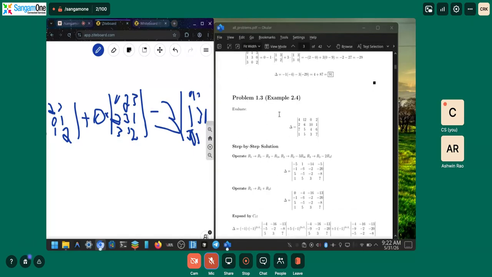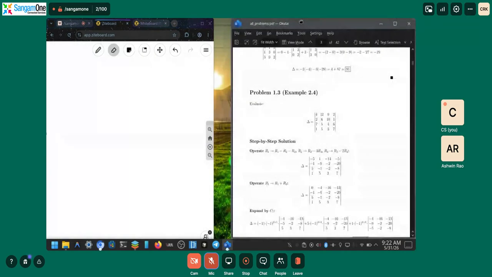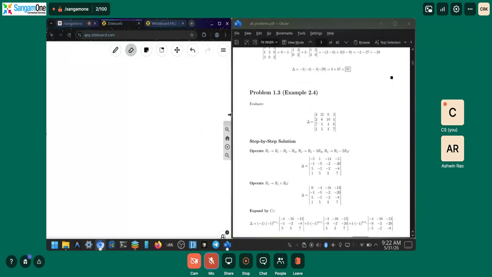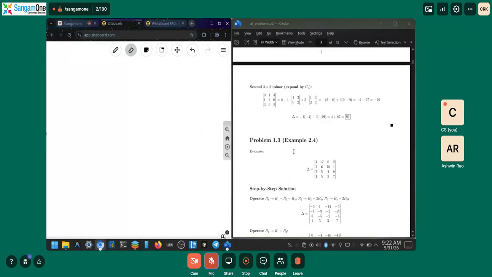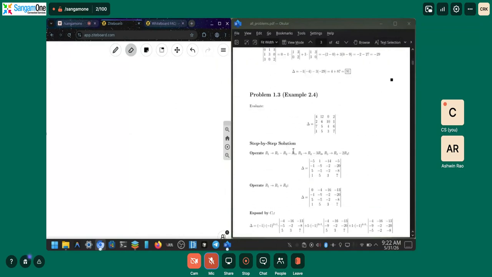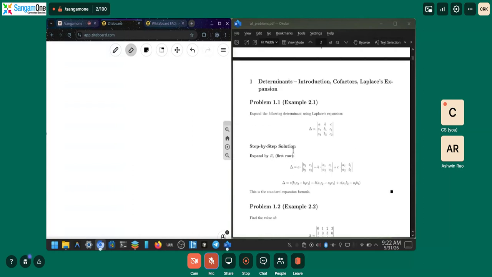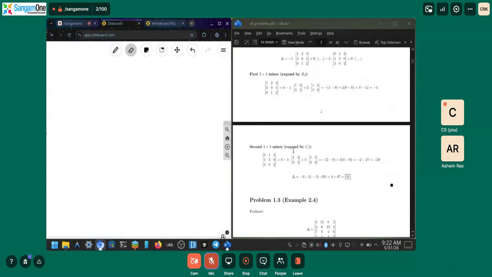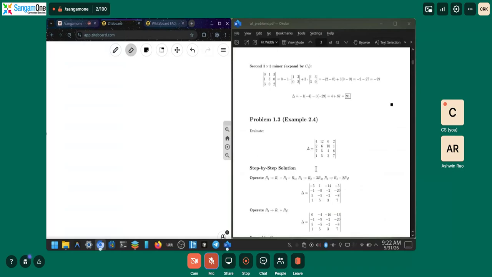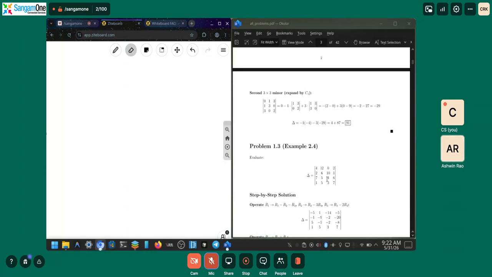Then moving on to second problem. Okay, so this is evaluate this matrix.